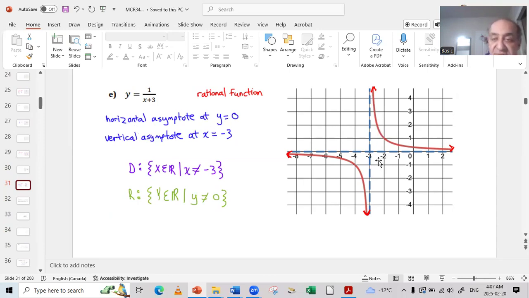Here it is. Because we say y will never equal the 0.